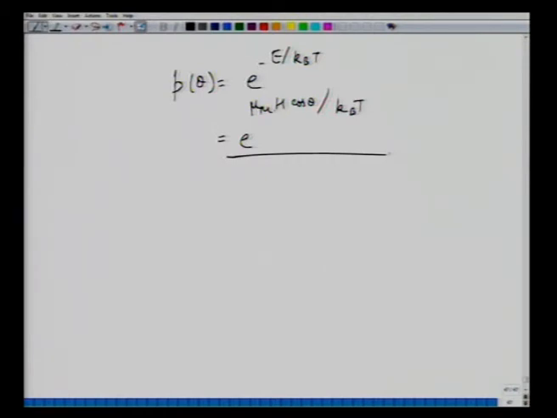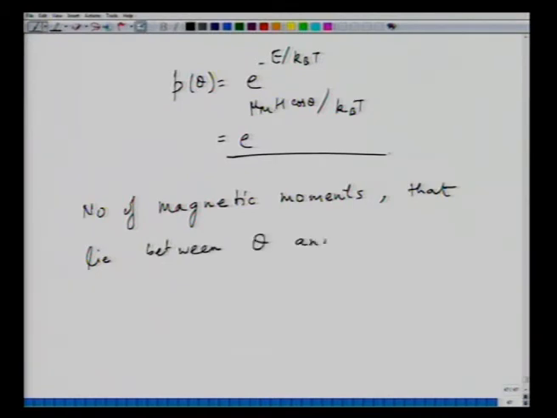So the number of magnetic moments that lie between theta and theta plus d theta with respect to H: what we do is take this fractional surface area of the surrounding sphere.